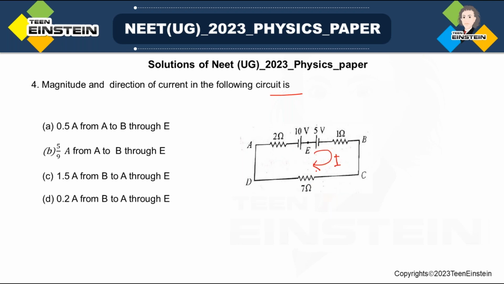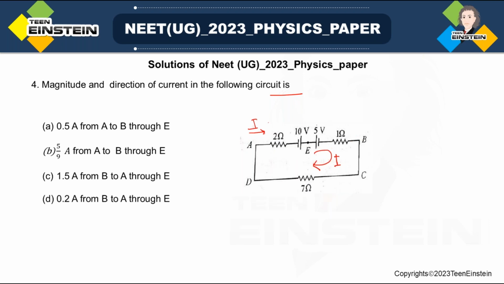Okay, so I'm just taking I as the current in the circuit, and let us say the current is flowing in this way: A to B, B to C, C to D, and D to A. After writing the equations, the KVL, once we get the value of I, if that is becoming negative, then we will say the current is flowing in the opposite direction to the direction which we have chosen.